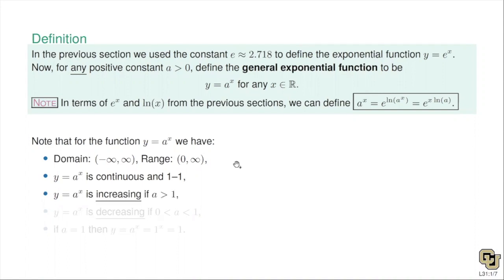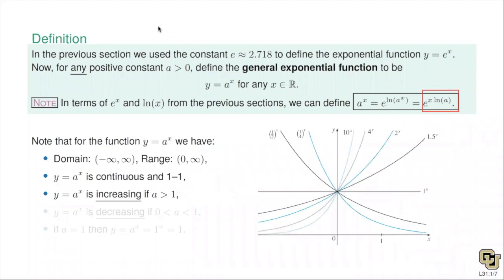So from looking at the scaled graph of e to the x ln of a, we can sketch the graph of a to the x. And if a is greater than 1, we can show you get an increasing graph. So here we have 10 to the x, 4 raised to the x, 2 raised to the x, 1.5 raised to the x. Here, a is greater than 1, and so we have these increasing exponential functions.